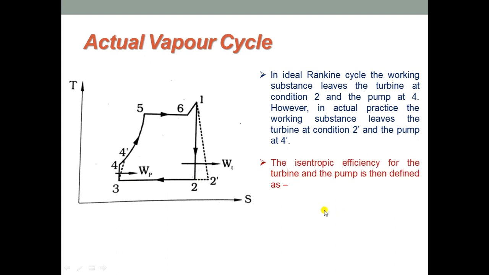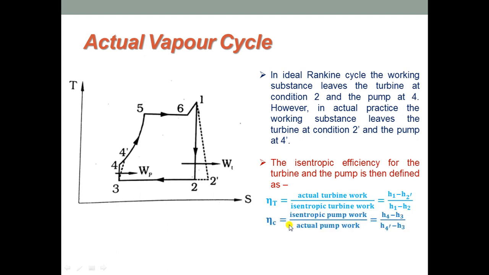The isentropic efficiency for turbine is actual turbine work over isentropic turbine work, and it is given by H1 minus H2 dash over H1 minus H2. And for compression, it is isentropic pump work over actual pump work, given by H4 minus H3 over H4 dash minus H3.